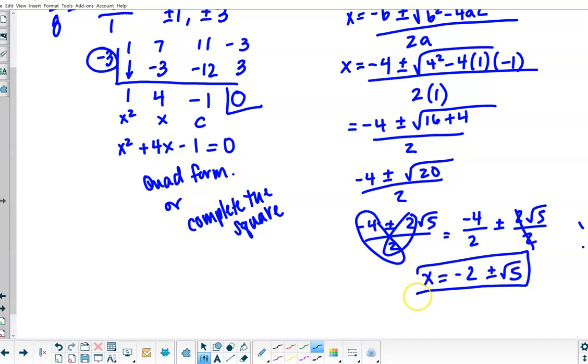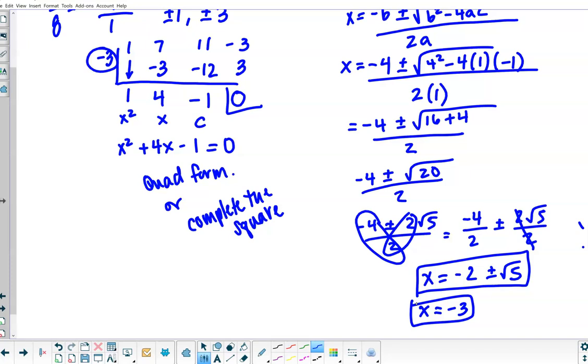Okay, so these are two different zeros. You have -2 plus square root of 5 and -2 minus square root of 5. You can write them as separate or together. And then the other zero that we have was -3. This kind of shows our rational zero theorem. The possible rational zeros were plus or minus 1, plus or minus 3. If you tried them all, the only one that works is -3.